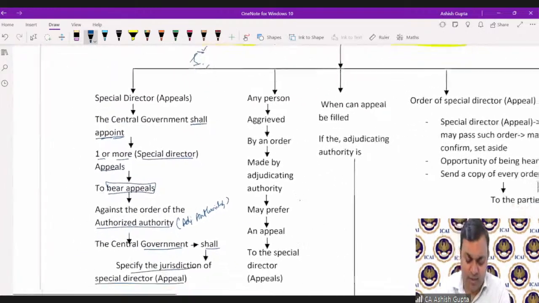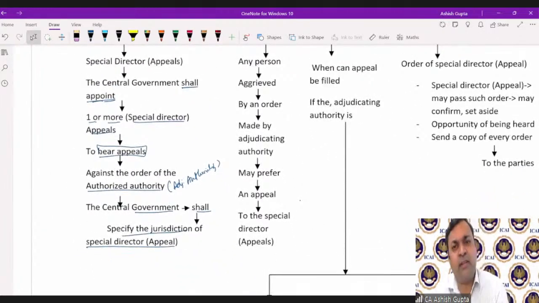So first point is, who is authorized to appoint the Special Director Appeals? Central government is authorized to appoint the Special Director Appeals. Now, what is the purpose? They will hear all the cases against the decisions of the adjudicating authority.